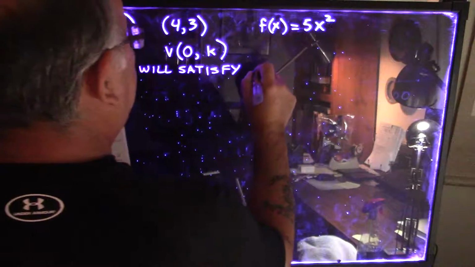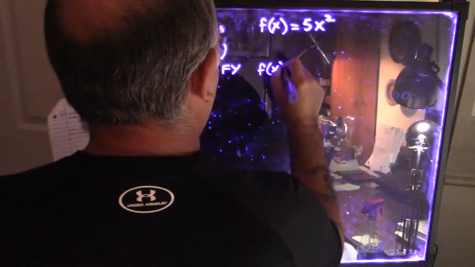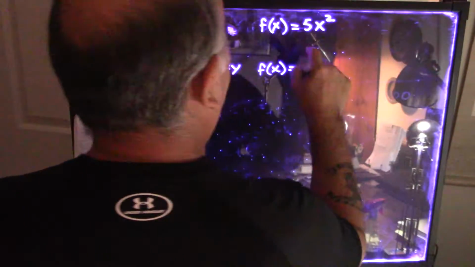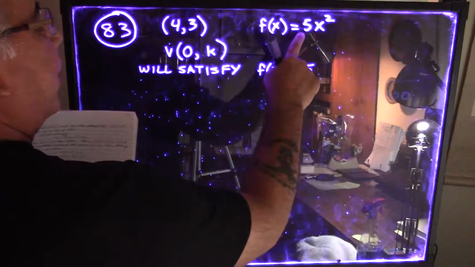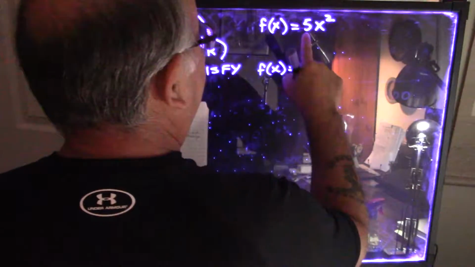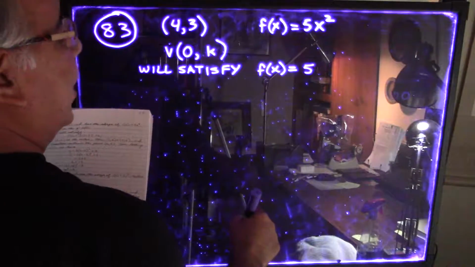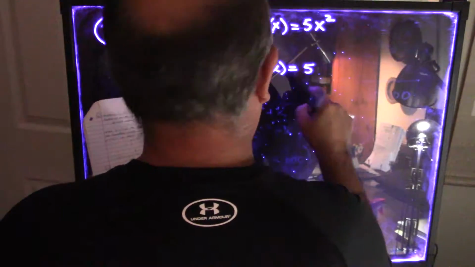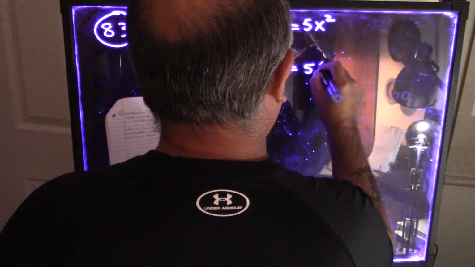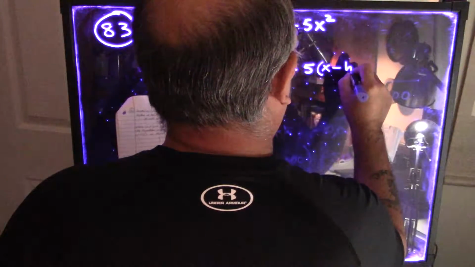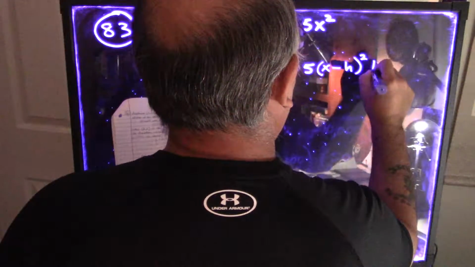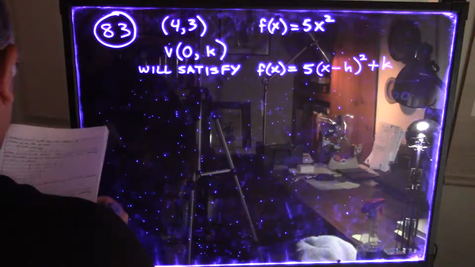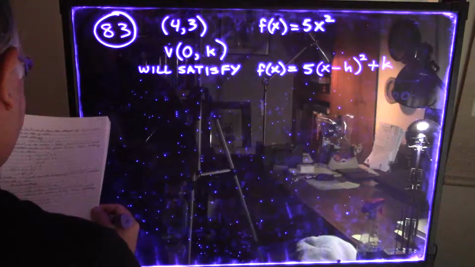f of x equals, using the standard form and getting the 5 from this, since it's the same shape. Again, the 5 will cause a vertical stretch of y equals x squared. So you've got to put that in there, and you've got x minus h squared plus k. Alright, hk is the vertex.